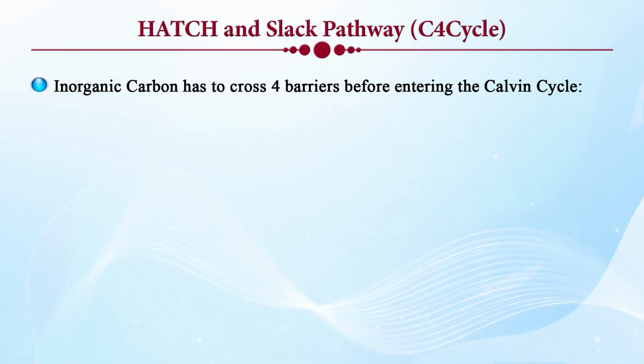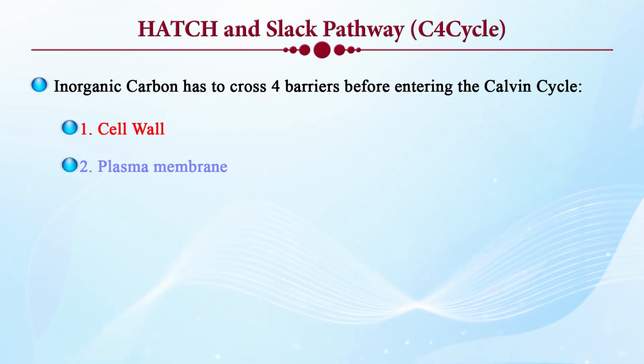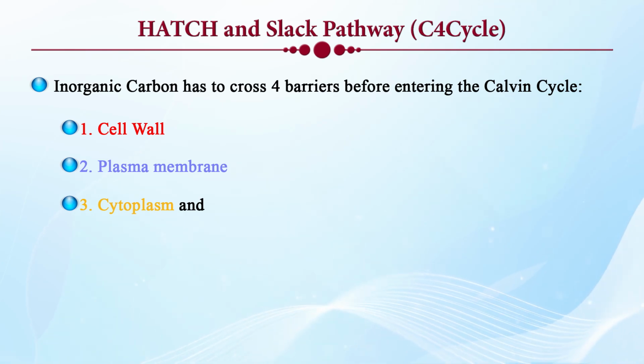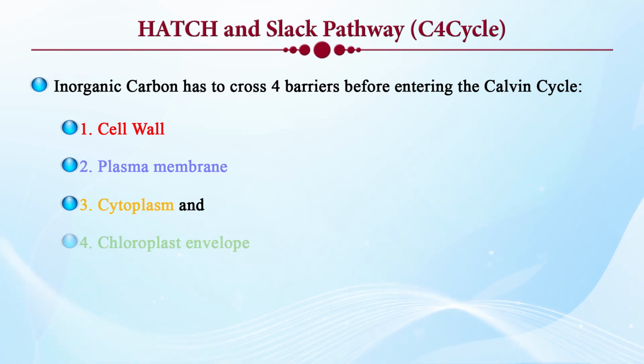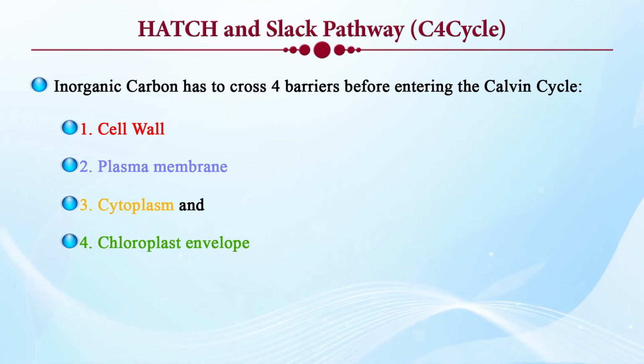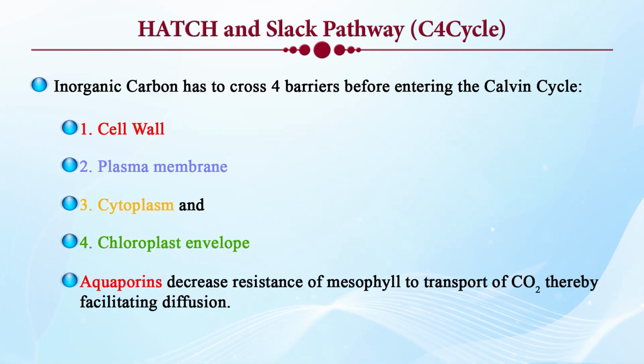Naturally, it has to pass through the cell wall, the plasma membrane of the cell, the cytoplasm, and then when it reaches the organelle, even the chloroplast envelope. Although there are various aquaporins which decrease the resistance of the mesophyll and thereby facilitate the diffusion of carbon dioxide, yet there is a whole series of barriers which are present.